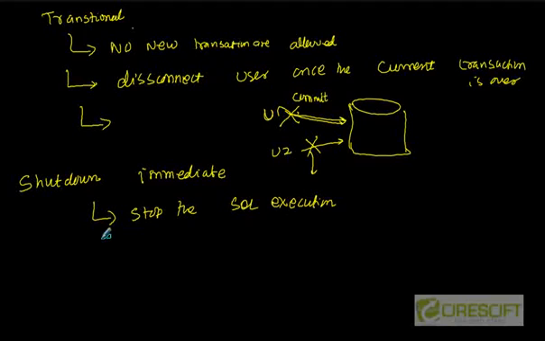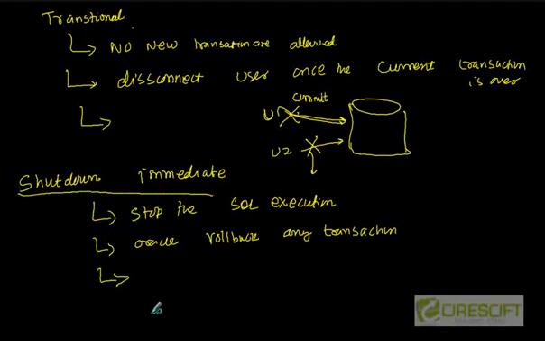So Oracle stops SQL execution and rolls back any transaction currently going on. In shutdown immediate we also write from the buffer cache to the data files. Remember, in all these cases, shutdown immediate, transactional, or normal, we always flush the memory to the data files.